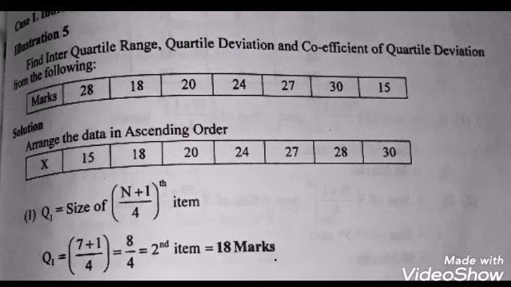Q1 is equal to size of n plus 1 by 4th item. Q1 is equal to 7 plus 1 by 4th item, that is 8 by 4 is equal to second item. Second item is 18, therefore Q1 is equal to 18 marks.